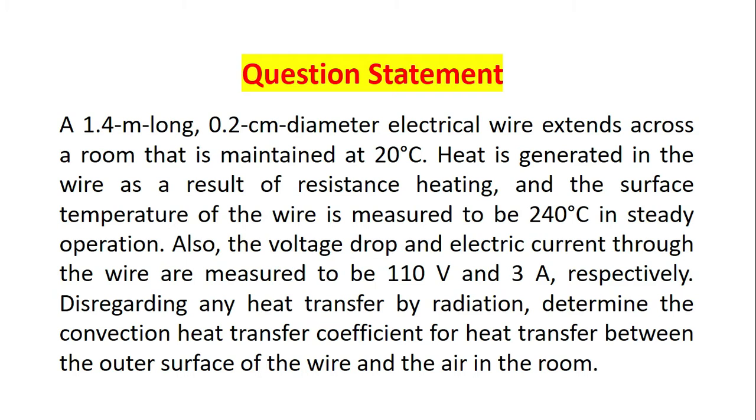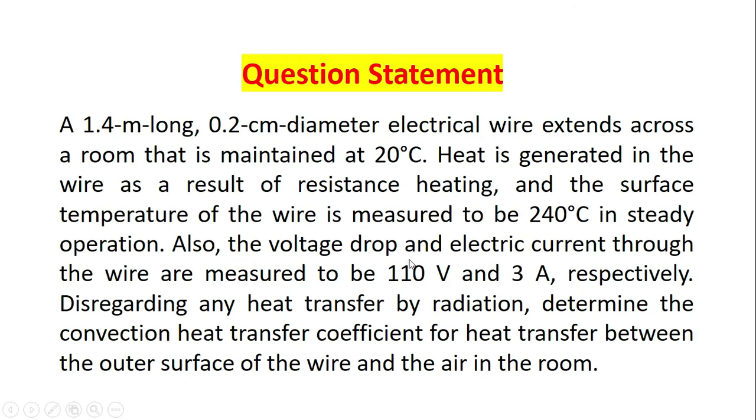So two different kinds of temperatures are given. One is the wire surface temperature, that is 240 degrees centigrade, and the second, the room temperature, which is 20 degrees centigrade.